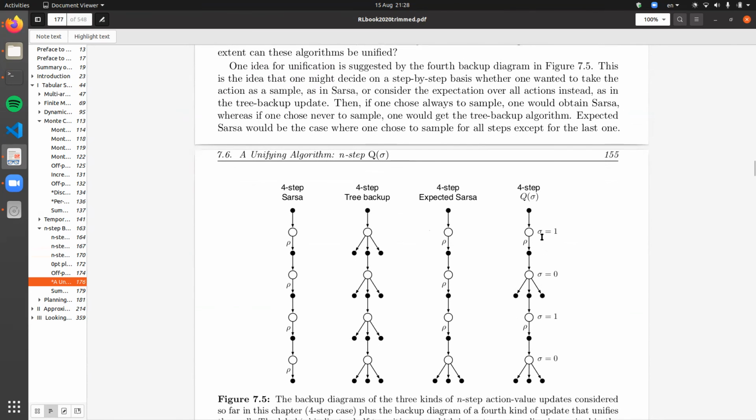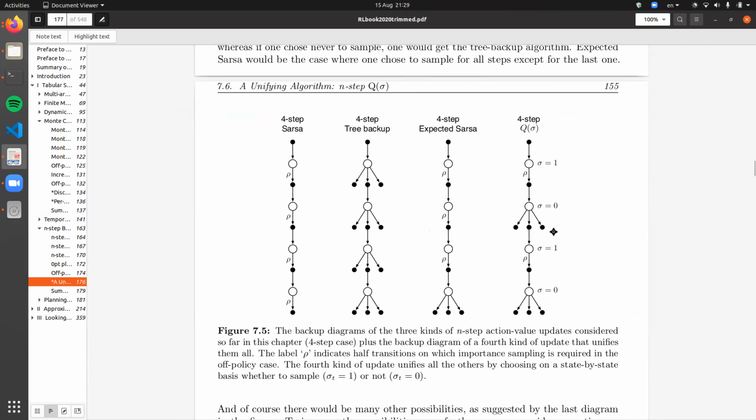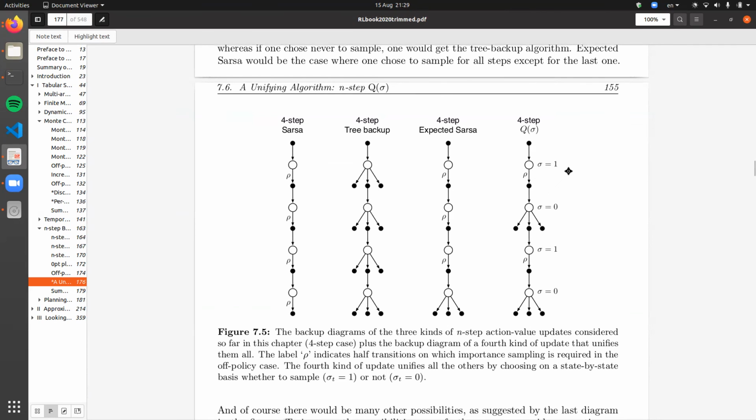It can be periodic as shown in this backup diagram, but it can also be, say, take an expectation every 3 steps, or sample with probability 0.5 and take an expectation with probability 0.5.